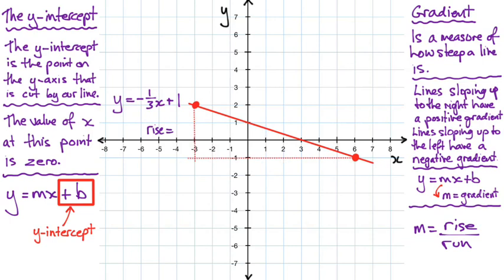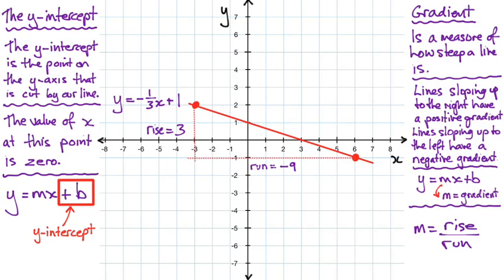The rise in this instance is 3 units, and the run is 9 units in distance, but it's actually -9 because starting from my line, my triangle goes out to the left, which means it moves in the negative direction. It's very important that we remember that difference.